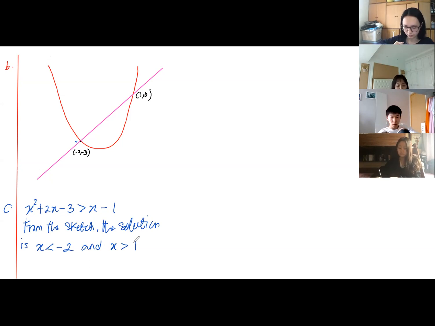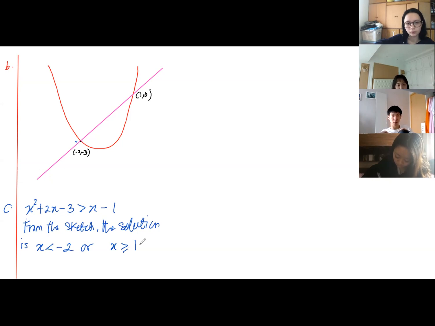Because or means we are combining the possibilities, not an intersection. Does that make sense? So it's not greater than or equal to.